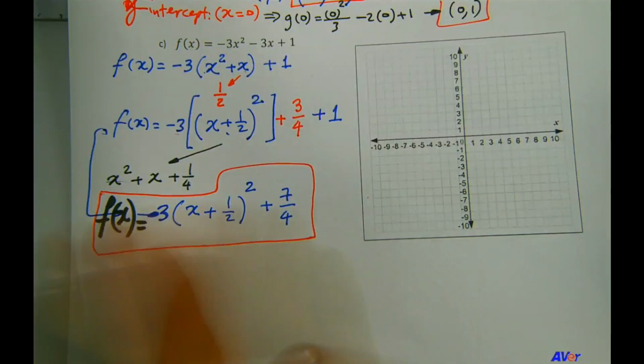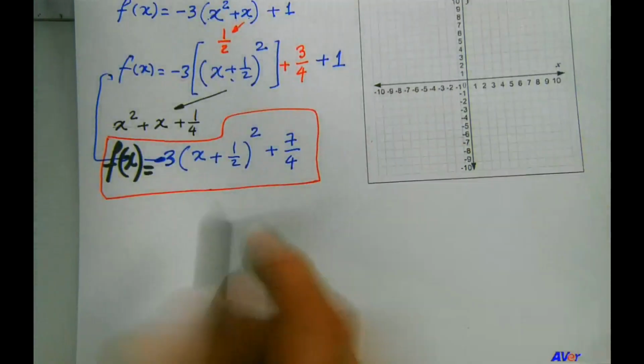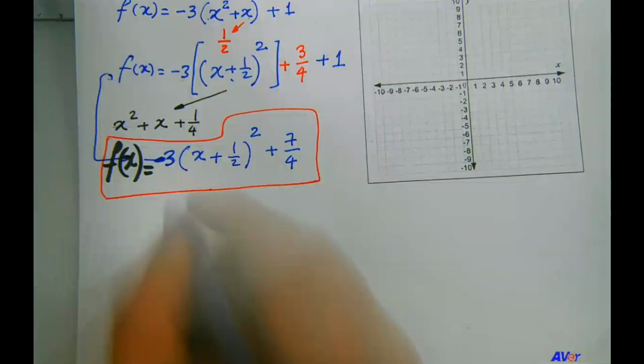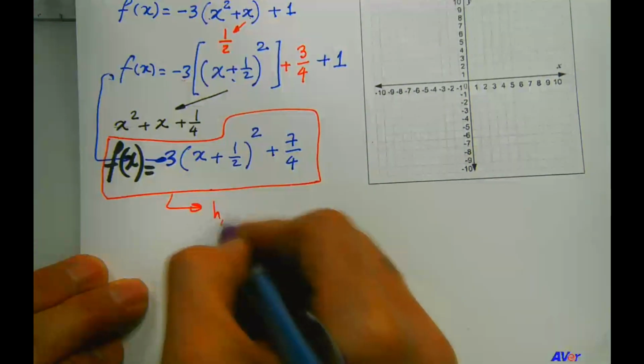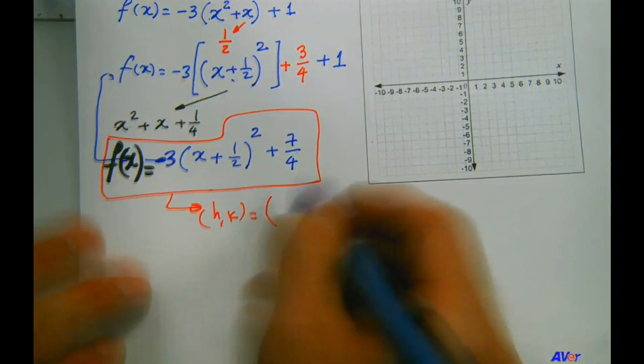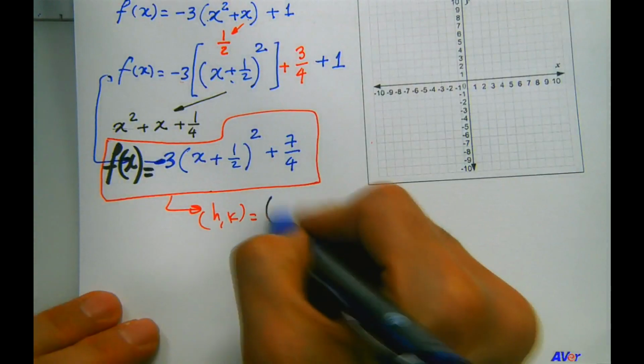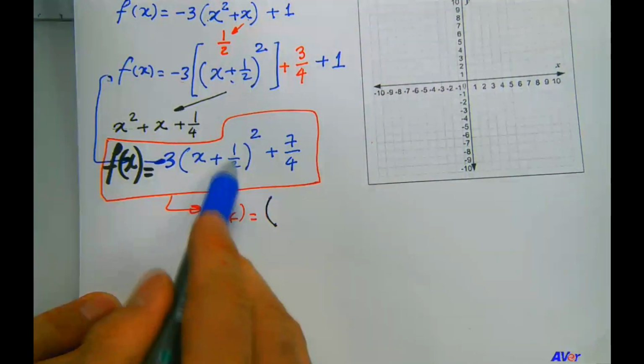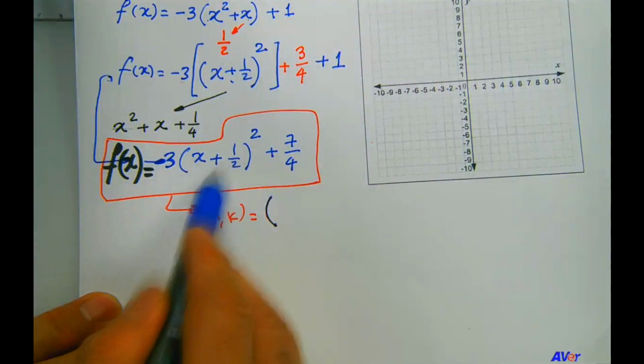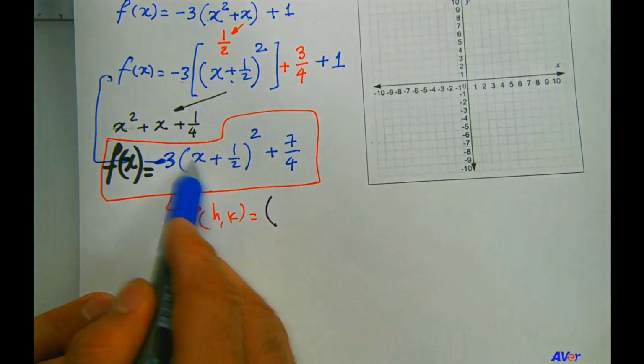And of course, we did all this. Now we can benefit from it by easily writing down the coordinates of the vertex. So h comma k is equal to, h is whatever is inside, right? X minus h has become x plus 1/2.